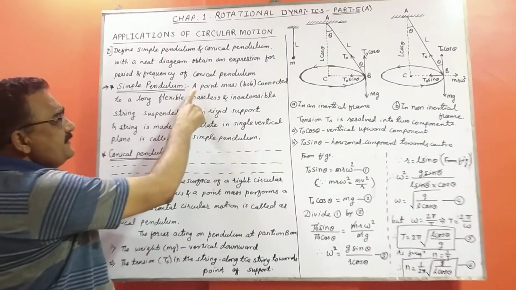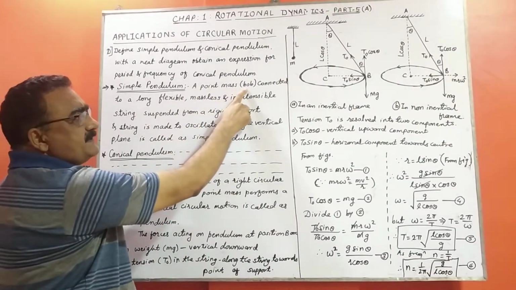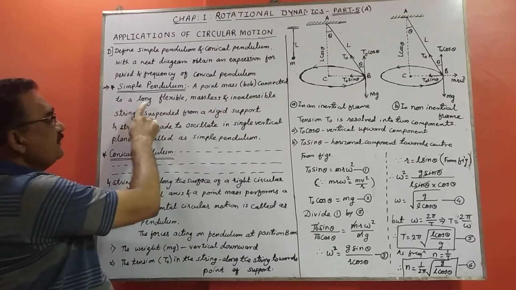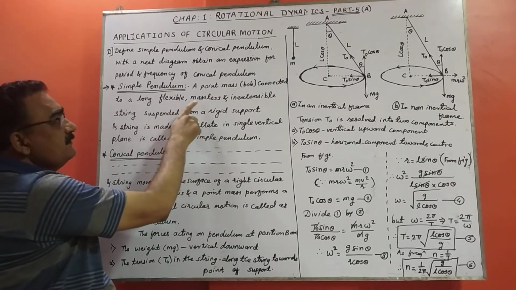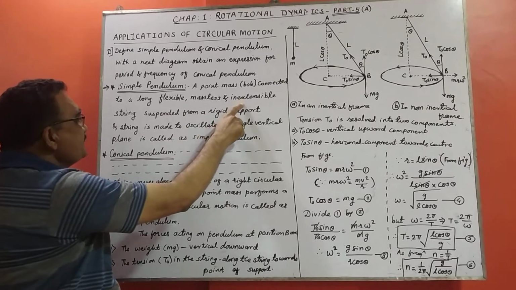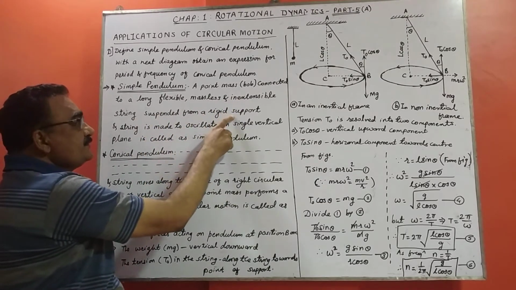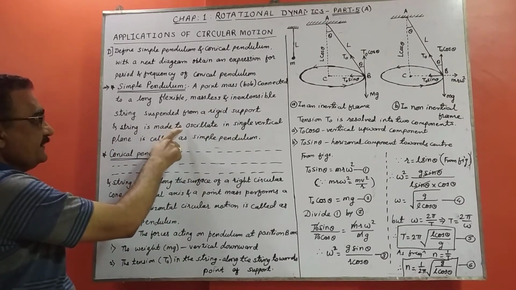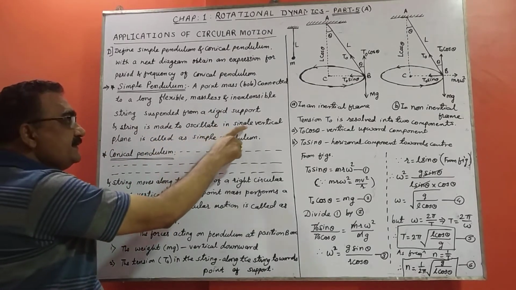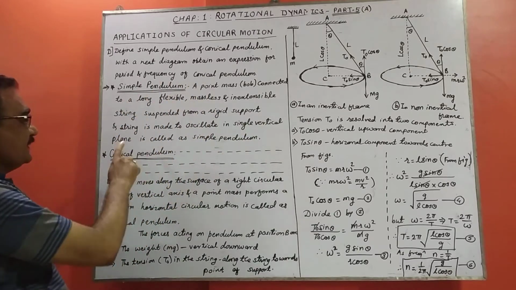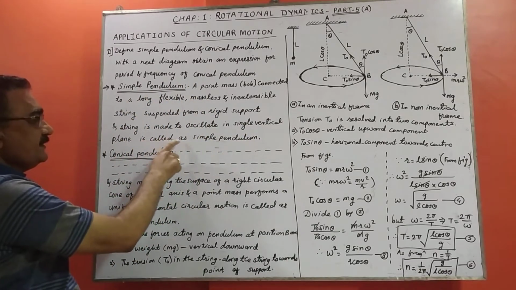A simple pendulum means a point mass, a bob, connected to a long, flexible, massless and inextensible string suspended from a rigid support, and the string is made to oscillate in a single vertical plane.